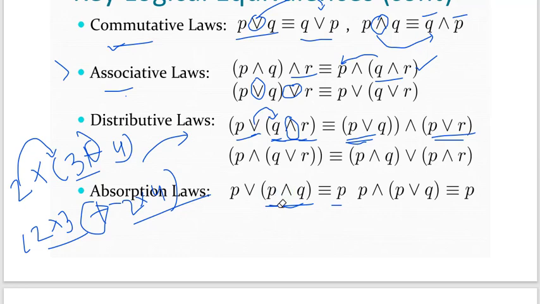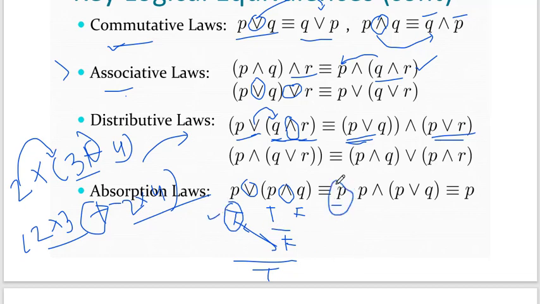Because you can see that suppose p is true and q is false, then this is the AND function, so this will become false. And here p is, let's say, true. So here with or, if one is true and one is false, then the whole statement will become true. It is the same as we discussed, p is true, so it is logically equivalent to p, okay.